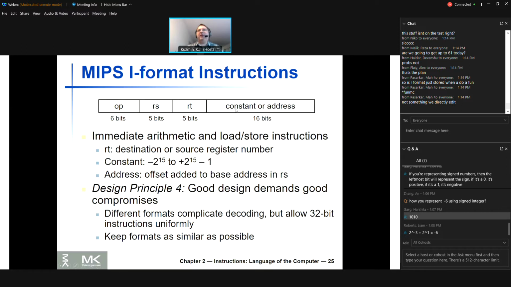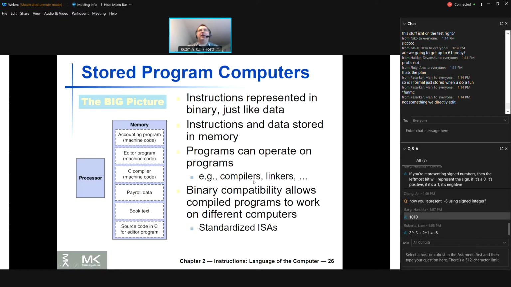So definitely it means that our constant can only be a signed value from -2 to the 15th to +2 to the 15th minus 1, right? So there is a limited range for the offset. So if you are trying to do addi with a value that is outside of the range, it's not going to work. Okay, so that's the format for those I instructions.